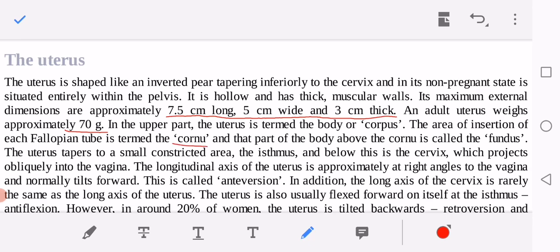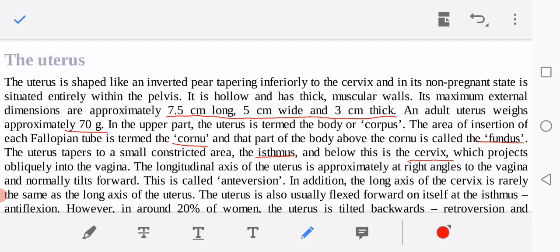This is the cornu, and that part of the body above the cornu is called the fundus. The uterus tapers to a small constricted area, the isthmus, and below this the cervix.